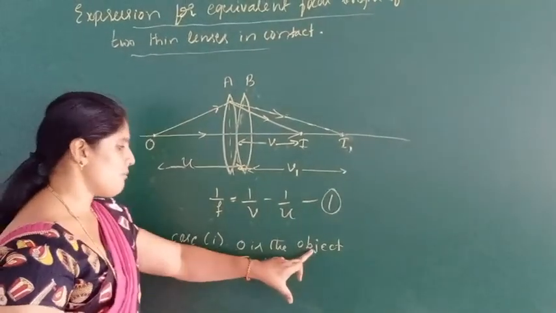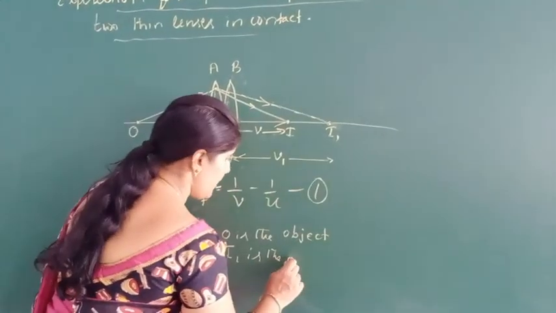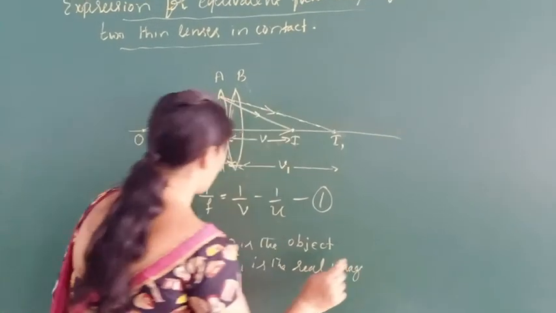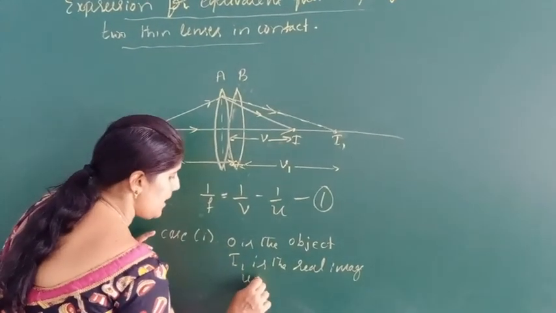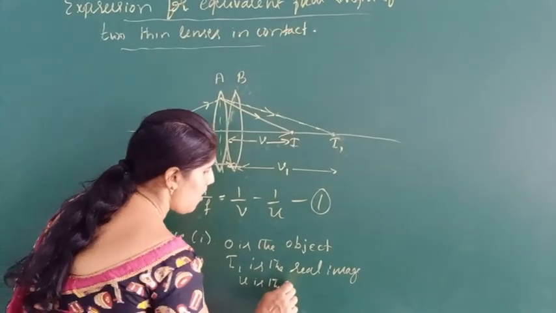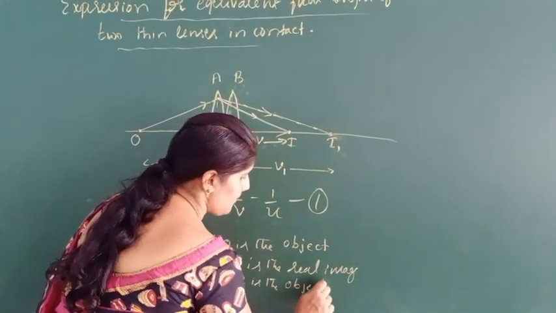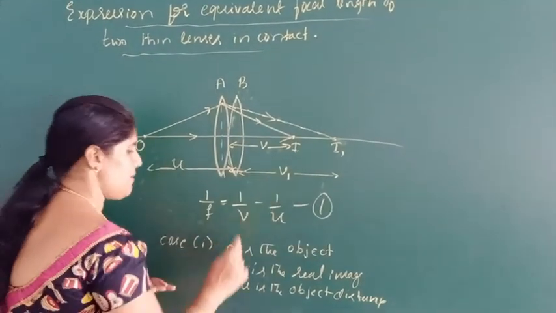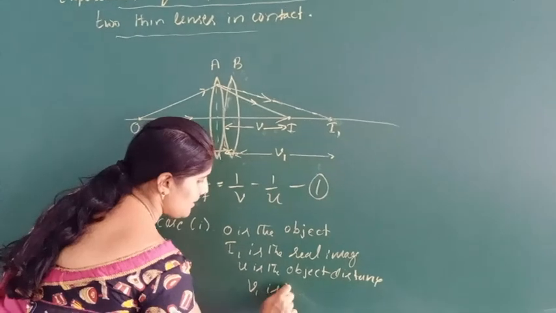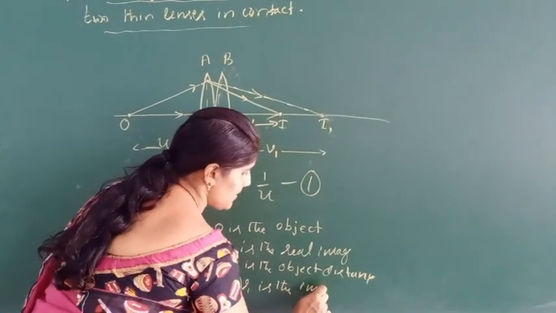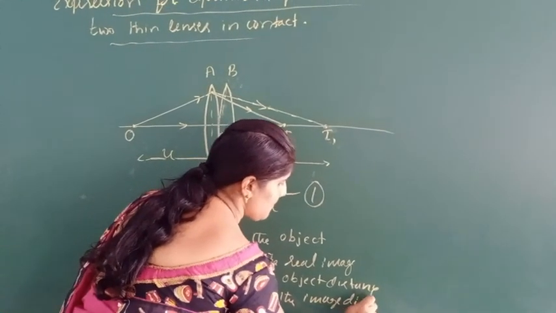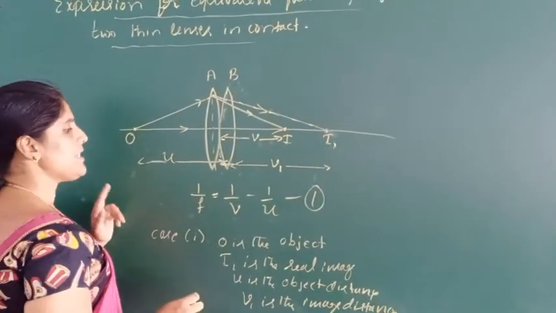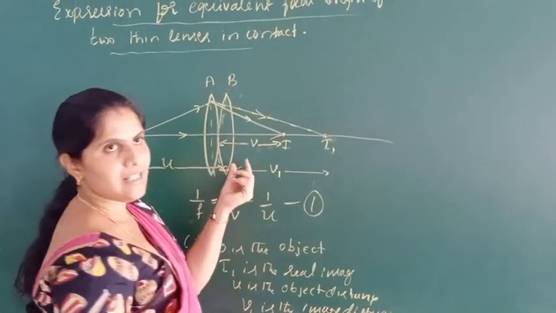O is the object, I1 is the real image of the object O, U is the object distance, and V1 is the image distance. The focal length of the first lens can be written as F1 and the focal length of the second lens can be written as F2.